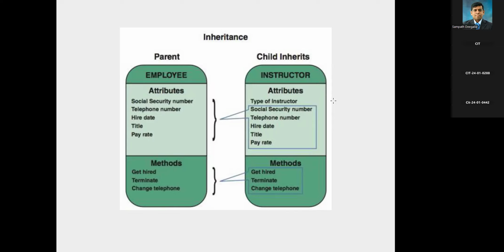So if you think about the class and subclass relation, the class will be the parent and the subclass will be the child. So when you have the parent-child relation, all the attributes from the employee will be inherited by the child. At the same time, all the methods in the parent object can be inherited in the child.